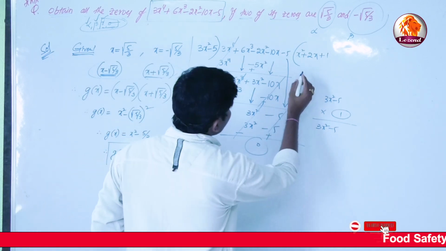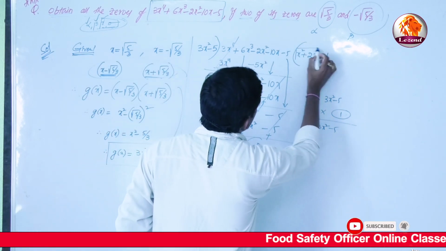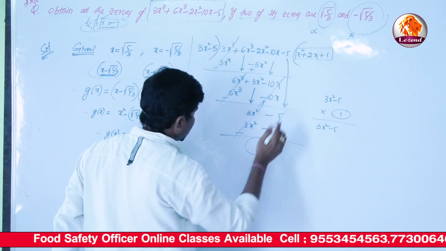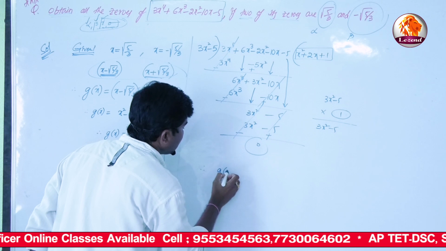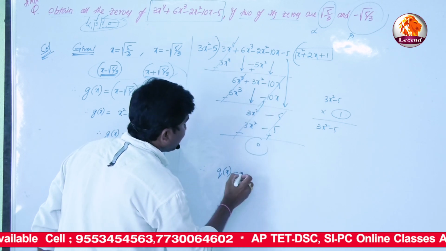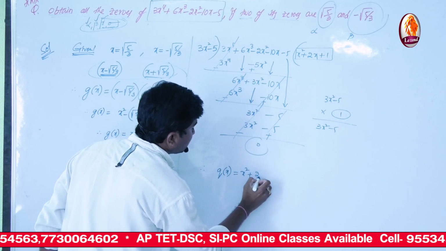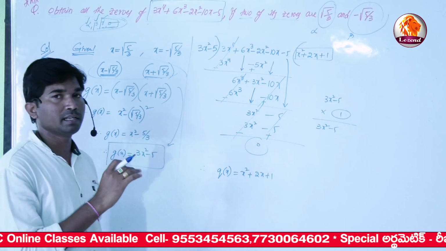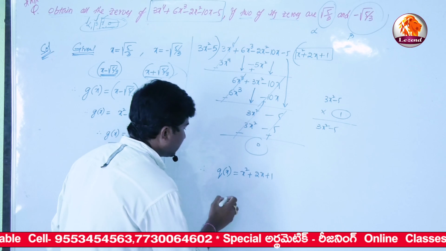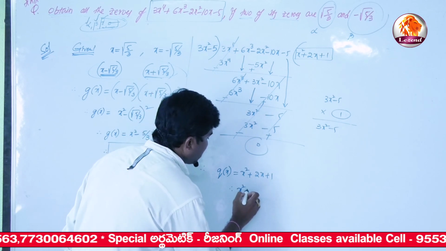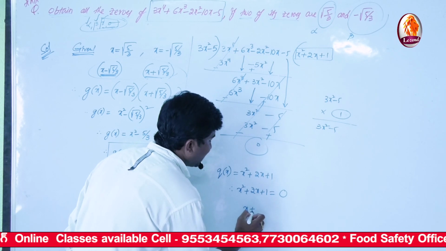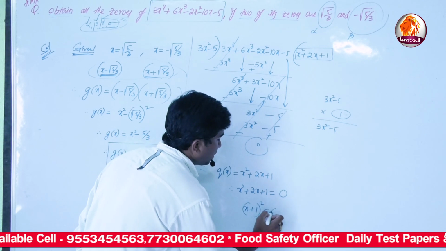Up to now we got the resultant polynomial. Take it as q of x, equal to the quotient x square plus 2x plus 1. Now we factorize it by normal factorization. x square plus 2x plus 1 equals 0, which is x plus 1 whole square, of the form a plus b whole square.